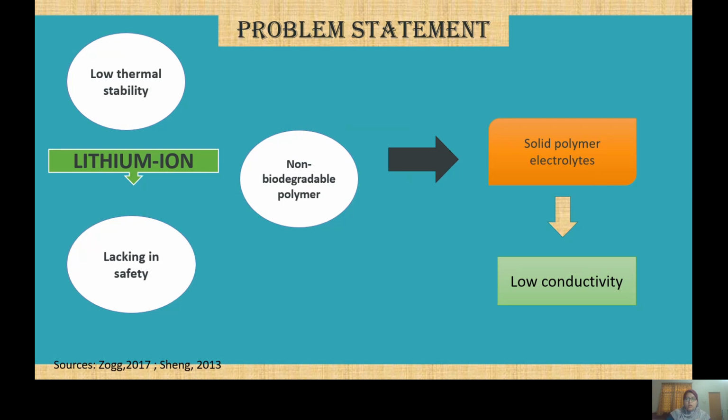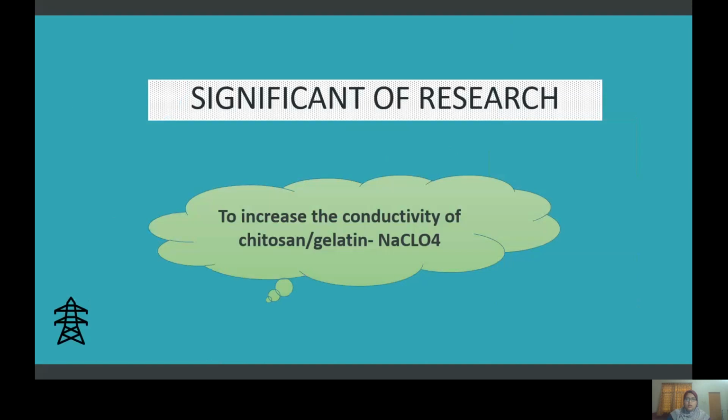So to increase the low conductivity, in my significance of research, I will improve the conductivity of chitosan gelatin, which is a solid polymer electrolyte doped with sodium perchlorate, NaClO4. I will improve the conductivity of the solid polymer electrolyte.